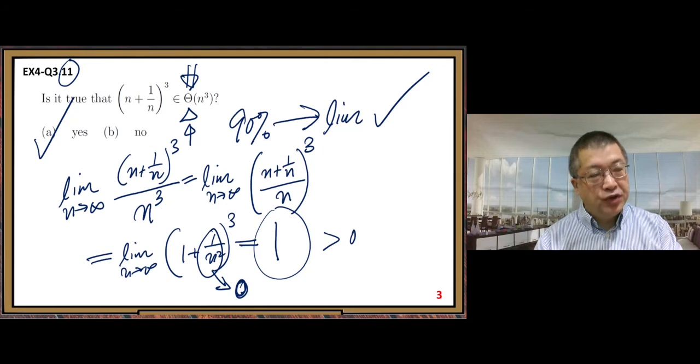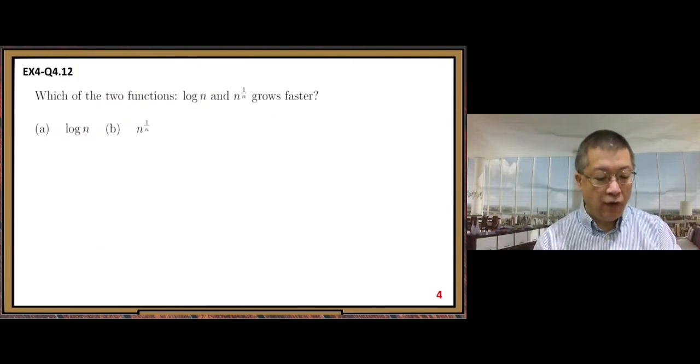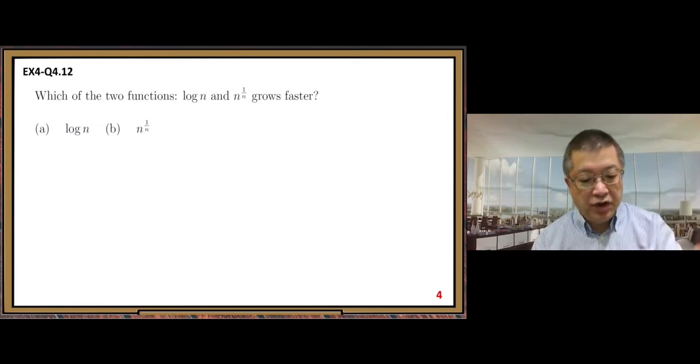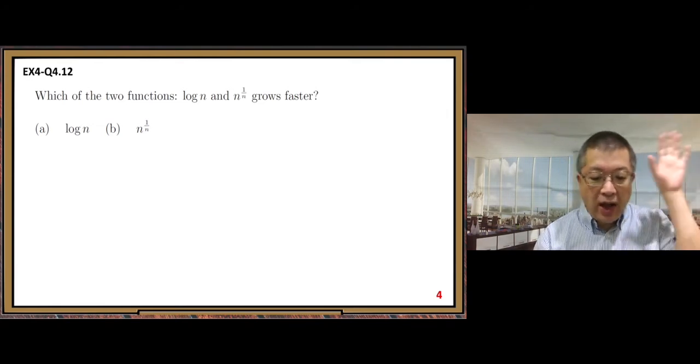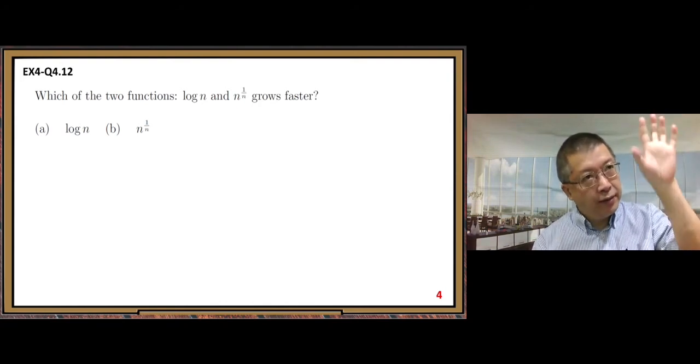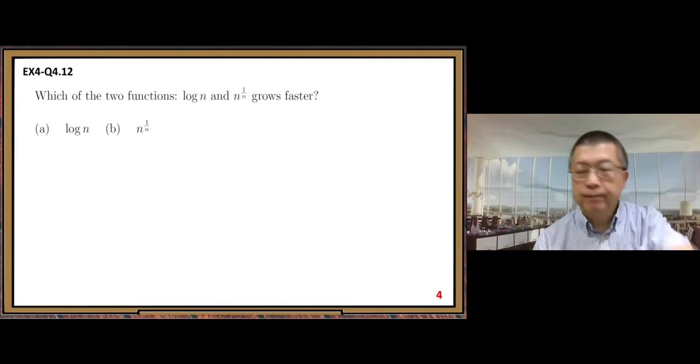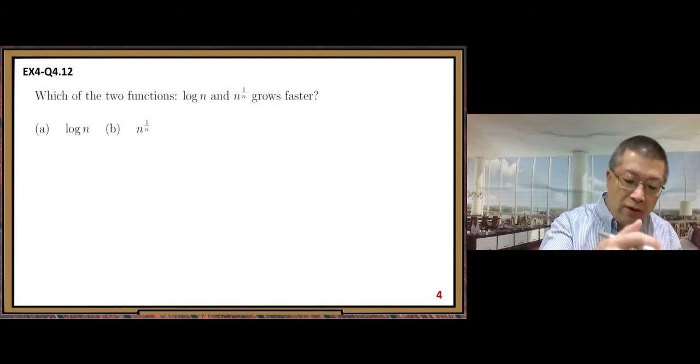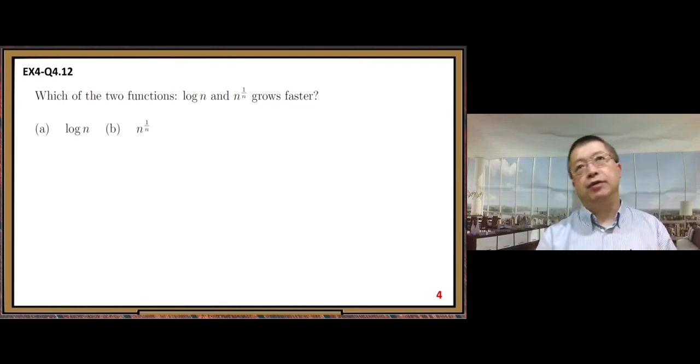The last question of this part, number 4: which of the two functions, log of n and n to the 1 over n, the exponent part is 1 over n, grows faster?